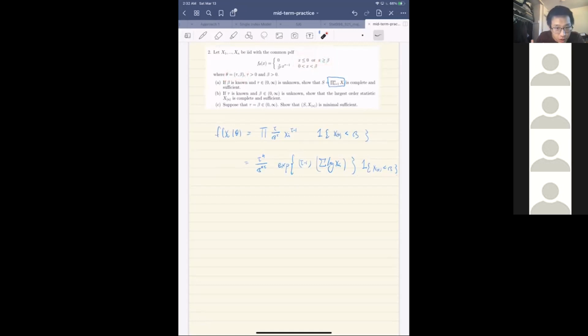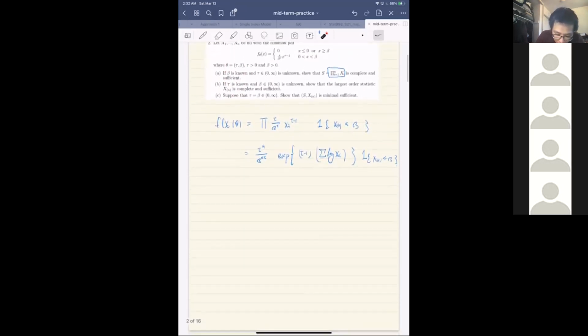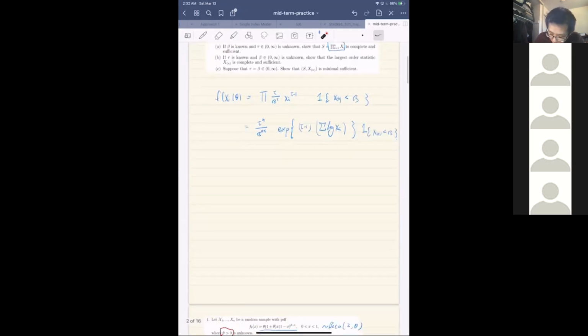It depends on the unknown parameter. So in case A, we say beta is known, so we can get rid of this term. Then you can see this is an exponential family.